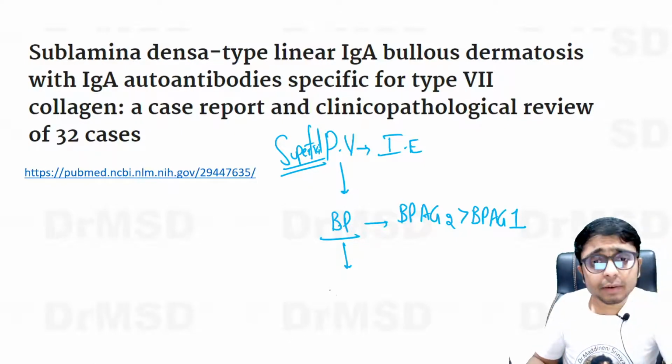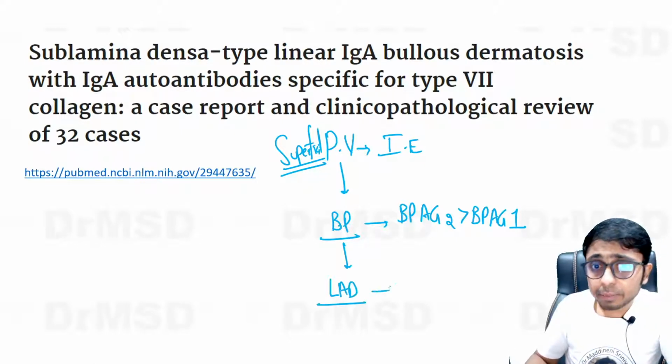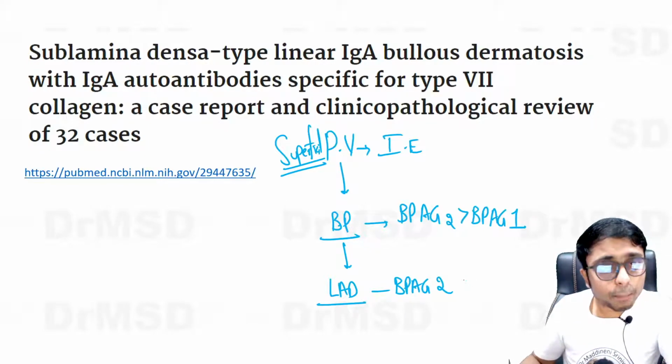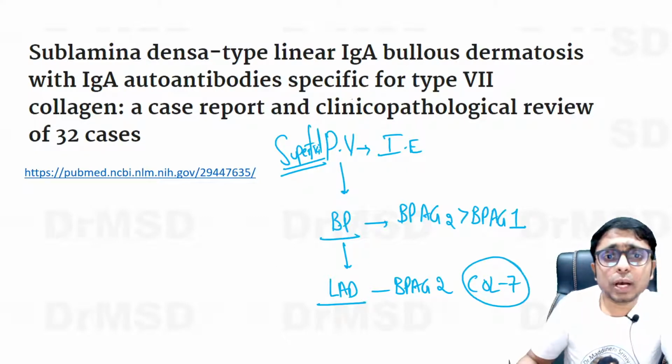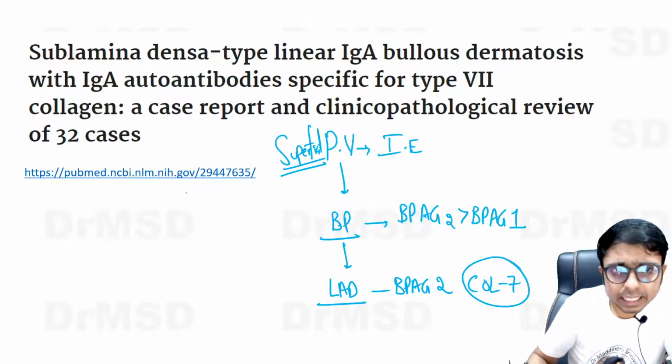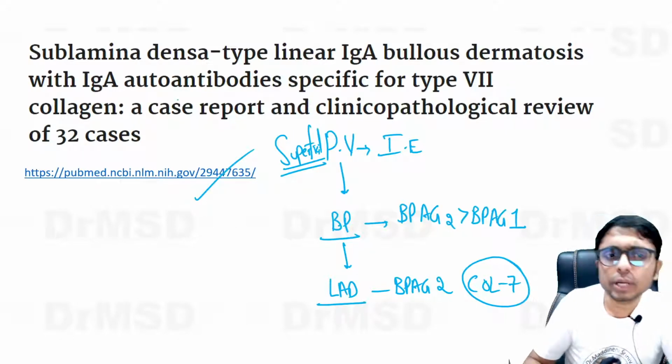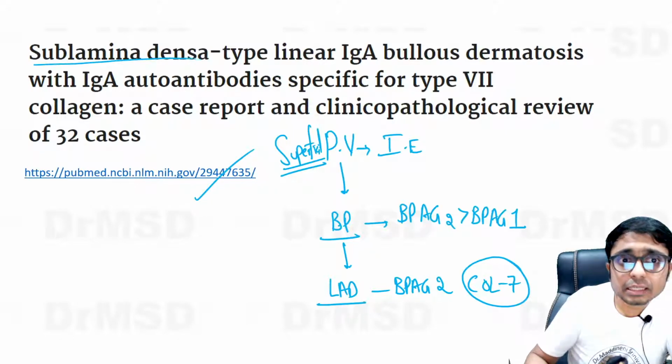So more deeper, we have linear IgA disease. Why? Because definitely this has autoantibodies against BPAG2, but also it has autoantibodies against collagen 7. So as you can see, these are the studies. The links I will try to put in the description. Okay, you can check them out. Sublamina densa type of linear IgA bullous dermatosis.